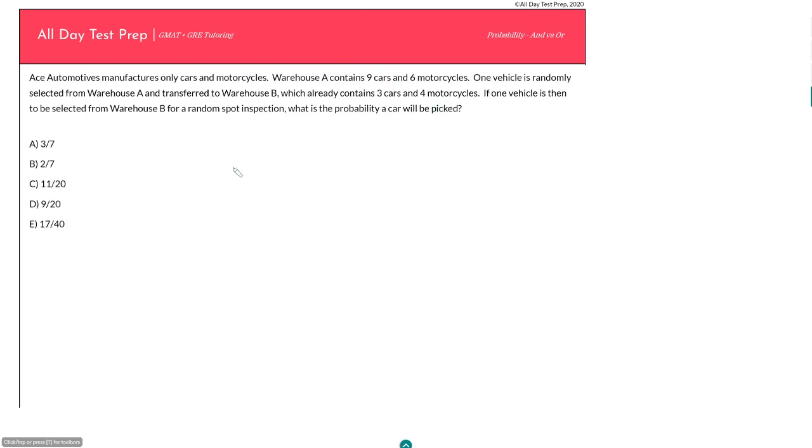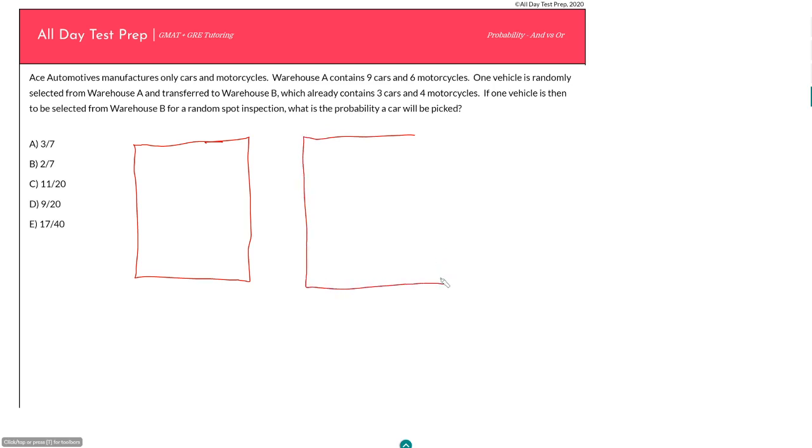So to start here, I have to sort of diagram out this information. Visualize it. I have 2 warehouses. Warehouse A and Warehouse B. And what do these warehouses look like before we made any of our changes?